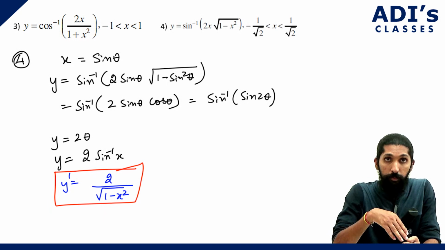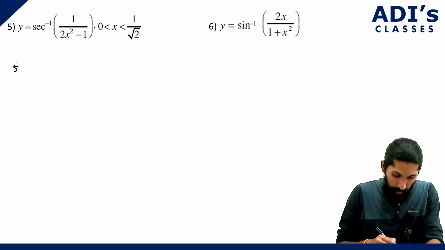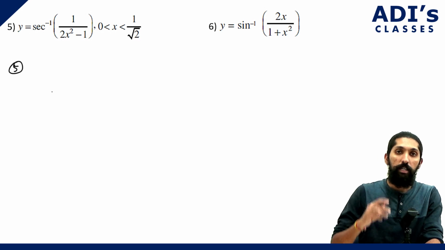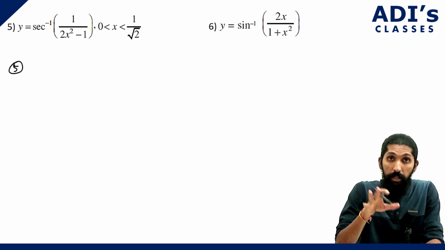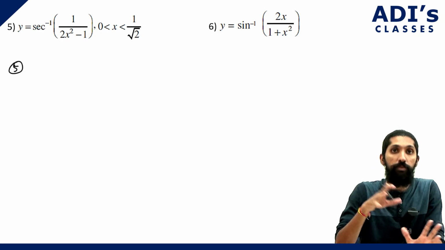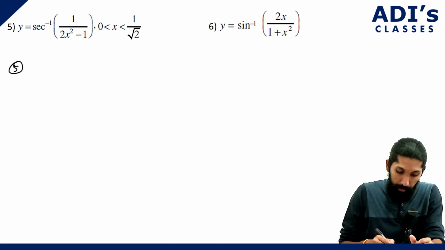Now let's do the fifth one. See the fifth one. See here, secant inverse 1 by 2x square minus 1. Guys, at the end, basically what you need to get is secant theta somewhere within the bracket, correct? Like basically you have to get secant inverse of secant of something, correct? So you have 1 by 2x square minus 1.